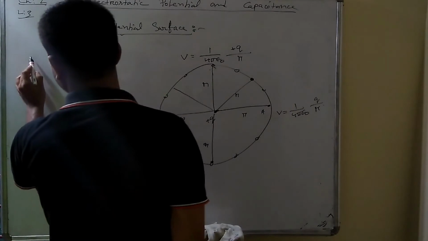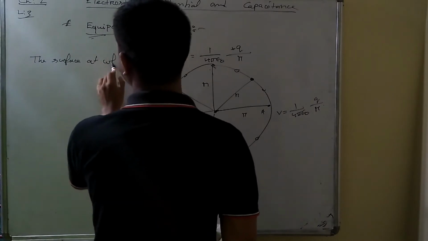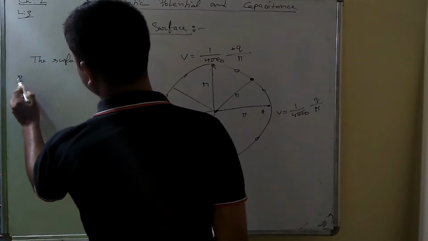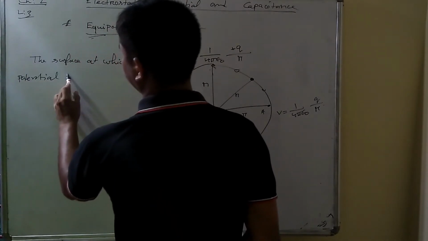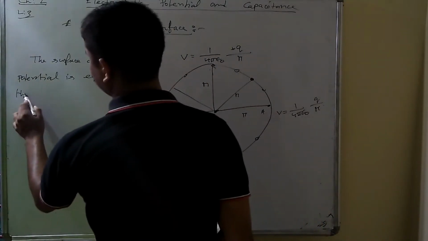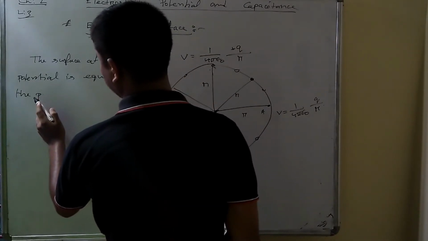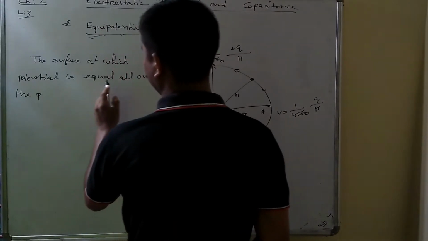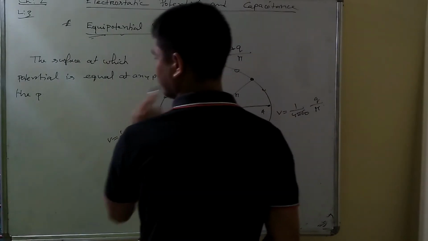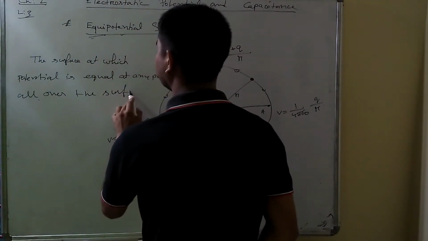So we can write: the surface at which the potential is equal at any point all over the surface.